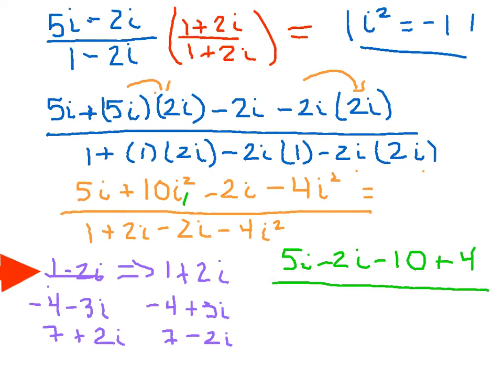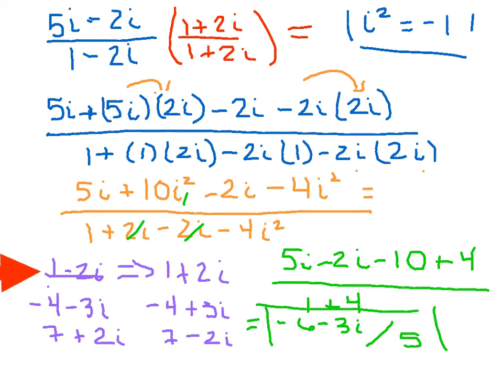Down here the i terms cancel, so I end up with 1, and then i squared is negative 1, so that becomes plus 4. Collecting like terms, in my numerator negative 10 plus 4 gives me negative 6, and 5i minus 2i is 3i. That's my numerator, all over 5, and that's my final answer.